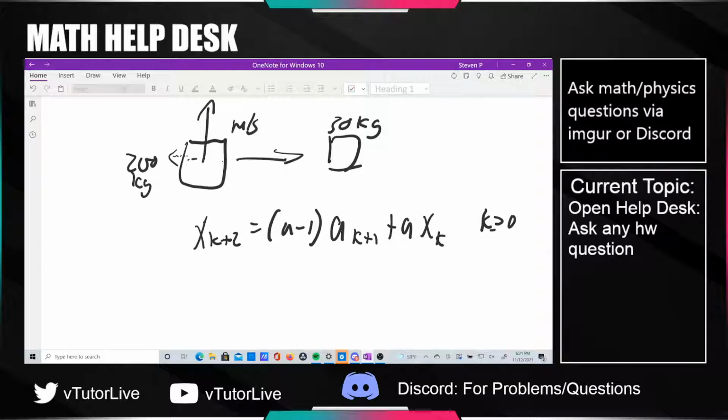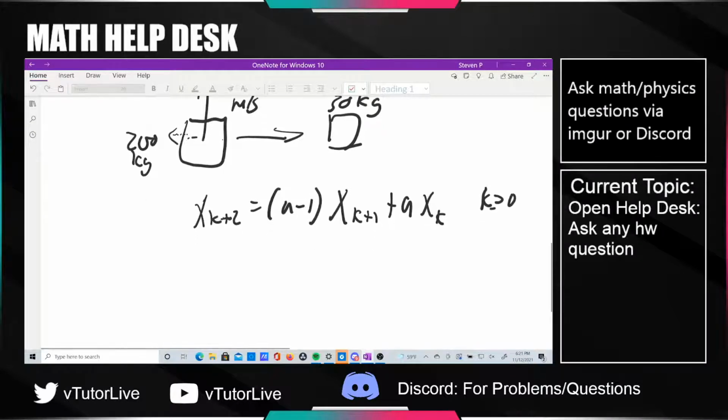Find a formula for x_n, in application to linear recurrences, with the following initial conditions: x_0 is equal to b, x_1 is equal to c.